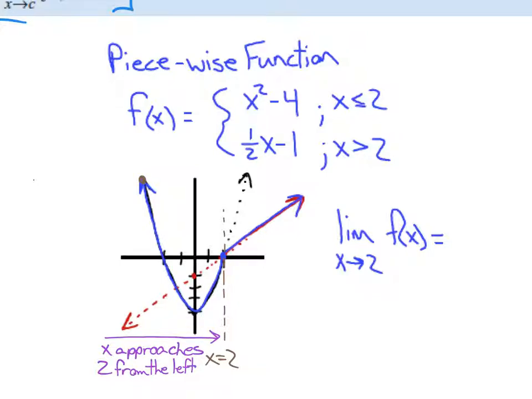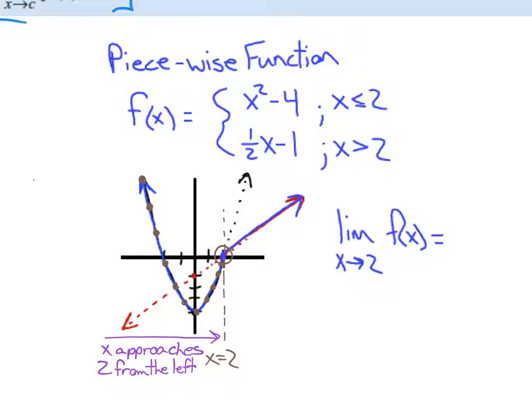If we start on the furthest left point that we can see, our y-coordinate's way up here, and as x is getting closer and closer to 2, notice it's going down here for a while, it reaches this lowest point, now it's starting to come up. What value is the y-coordinate approaching as we get closer to 2 from the left? 0. It's approaching 0. It's getting close to that value of 0.